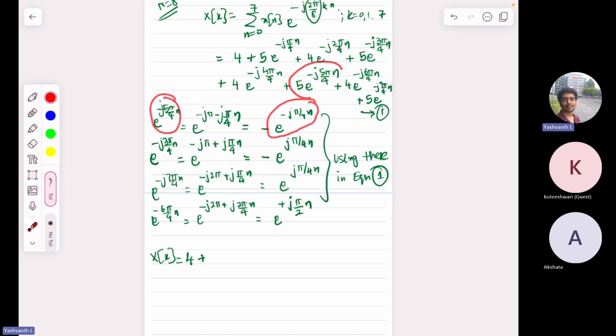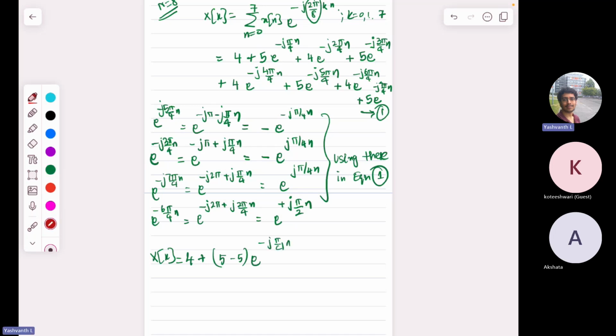So this will combine with this, because this e power minus j pi by 4n is coming twice, but it is coming in negative now. So then this will cancel out: 5 minus 5 e power minus j pi by 4n.